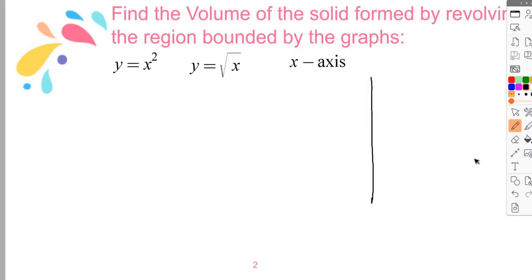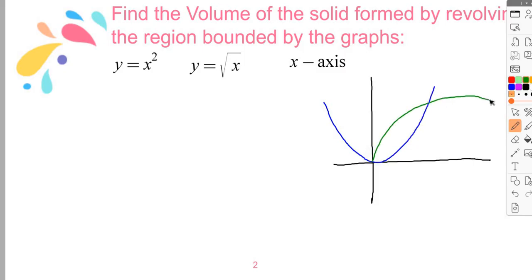I would say that this one's a very common one on your AP test, okay? We like x squared and square roots of x, especially because most students know what those graphs look like, or you should. Also, they're nice because they intersect each other, okay, at 2 different spots, and so we have bounds just inherently, like we don't have to have extra stuff going on.